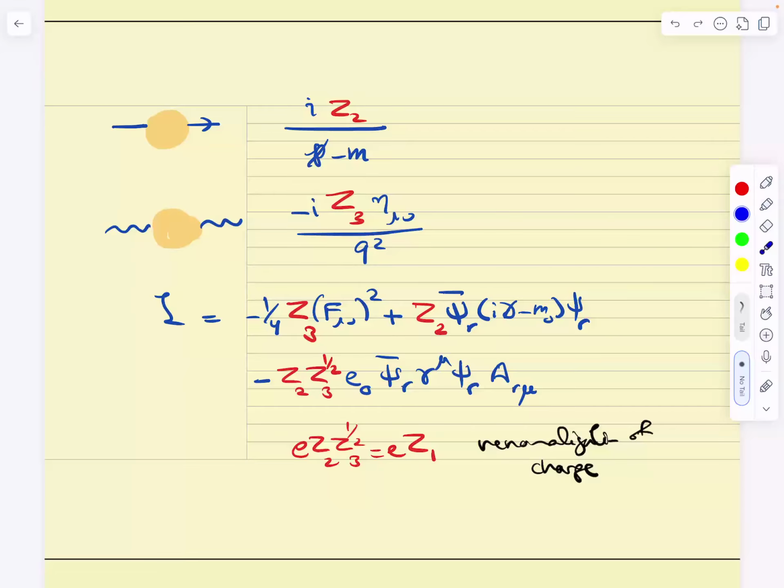I have to introduce one for each of them. I'll tell you why I called them 2 and 3 in a second. Oh, sorry, I said it wrong. 2, 3.